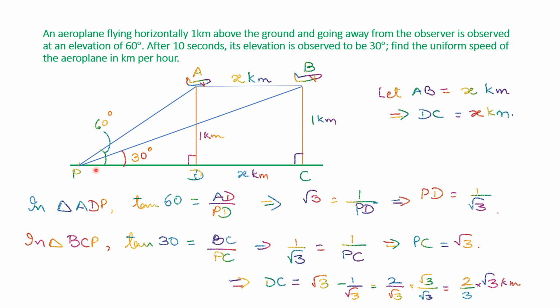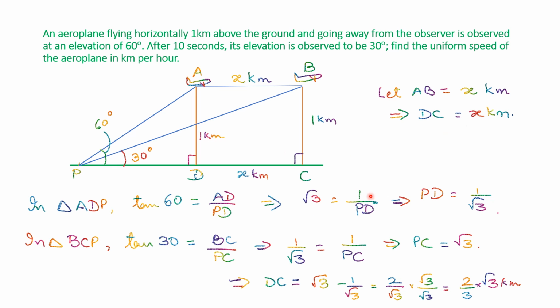Then in triangle BCP, tan 30 is equal to BC upon PC. That is 1 by root 3 is equal to 1 by PC, which implies PC is equal to root 3. Do you understand? This AD is equal to 1 kilometer, and that is why I'm writing 1 over here, because he has asked us to find the speed in kilometer per hour, so I'm not changing that 1 kilometer to meters and all that.